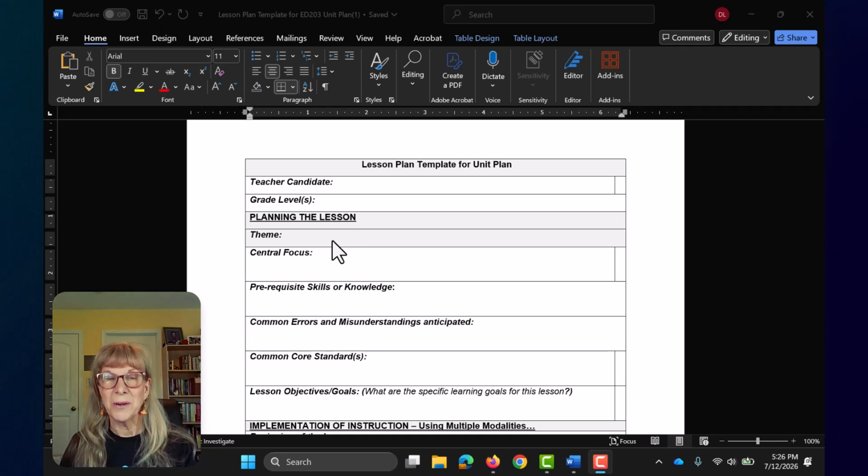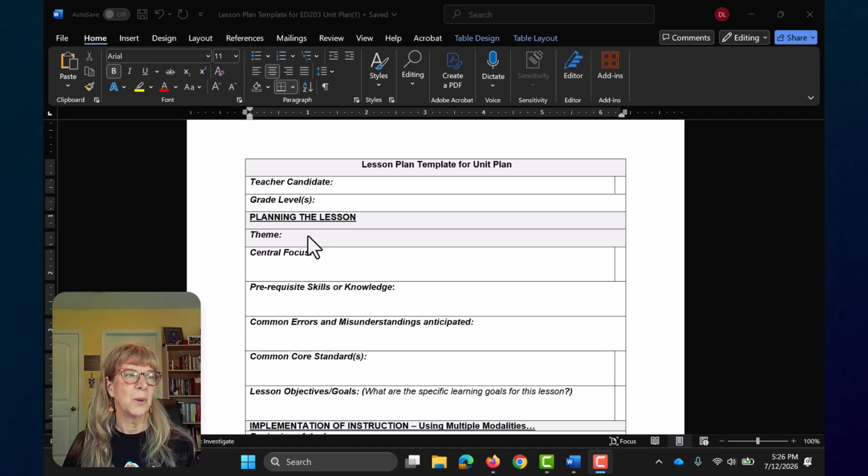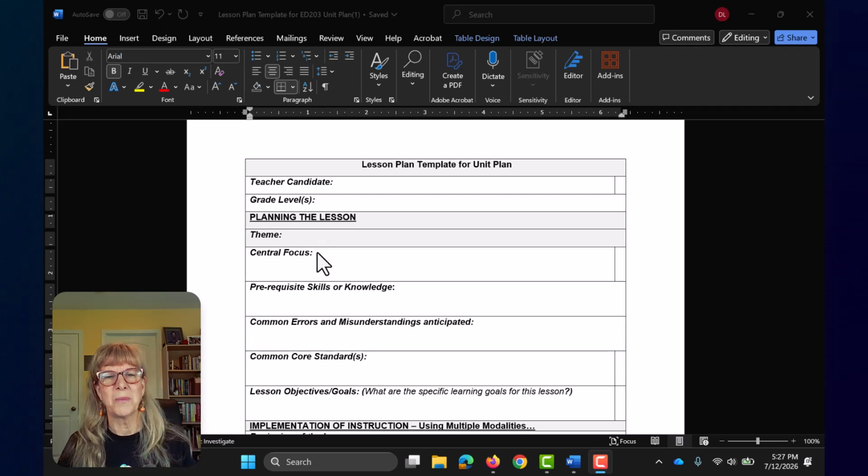So that's where you'll put your theme, whether it's gardening, like the example that I gave you, or, oh gosh, so many themes people have done over the years. You know, the World Cup, March Madness, the Olympics, lots of sporting events, Earth Day, holidays, so many things people have used for themes. So that's where you would put that.